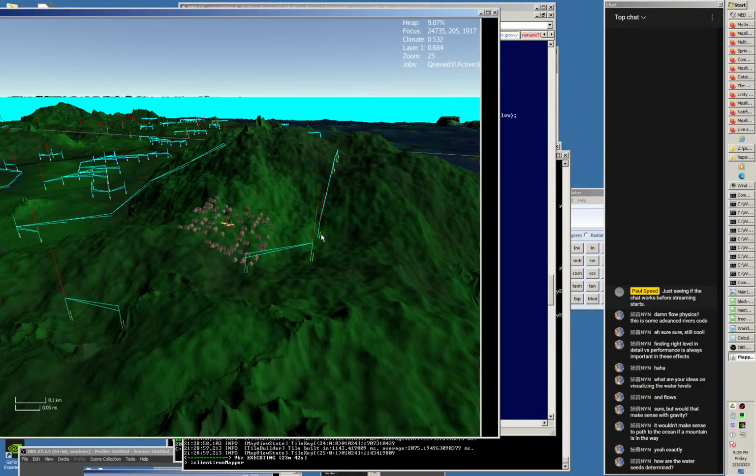If we exceed some threshold of feed count and water precipitation level, flowed in water level, then we consider that a seed. Which is why this one got, because it's in the little valley here, so it got precipitation. It's in the valley here.